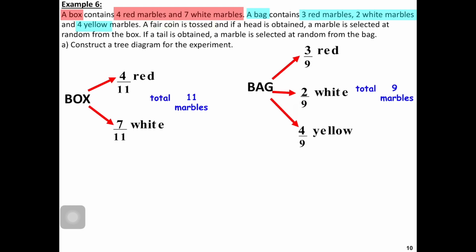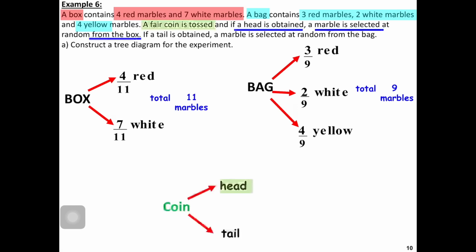Next, a fair coin is tossed. The outcome for a coin is either a head or a tail. If a head is obtained, a marble is selected at random from the box.